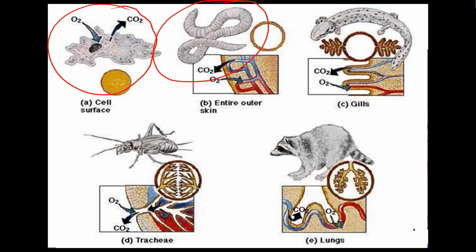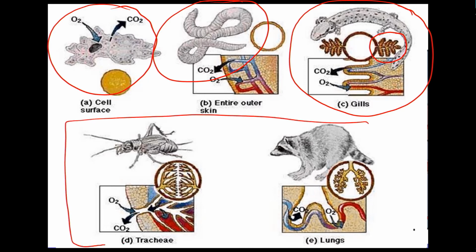But as an animal gets bigger and lives on land, it can't have a moist skin. So animals that live in water develop things called gills, which absorb oxygen from the water. Then land animals, which is at the bottom here, have two different ways they can get in oxygen.